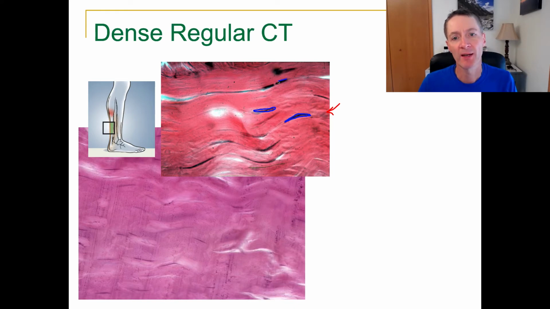Now, does this make sense if we think about the name of this? Dense, regular connective tissue. Let's just take the word dense. In the previous image, the loose connective tissue, these pink collagen fibers, these are collagen fibers just like they were before. These are all densely arranged, packed right together, dense regular connective tissue.